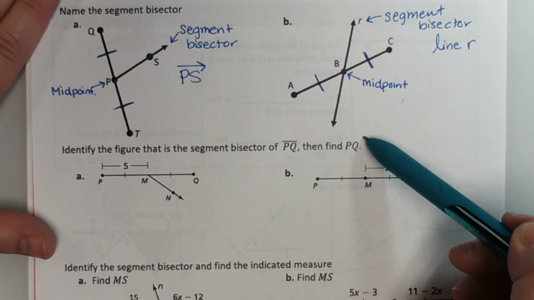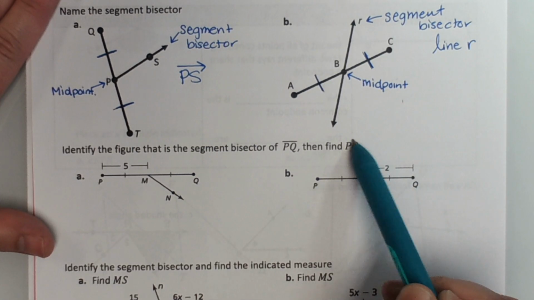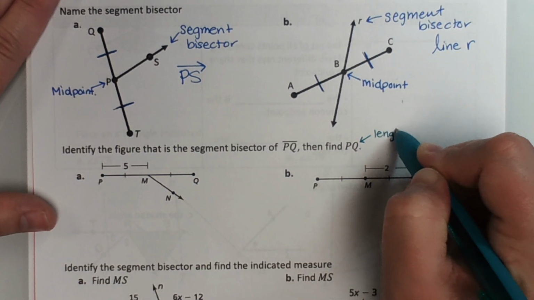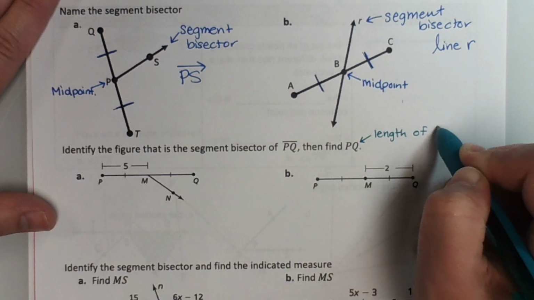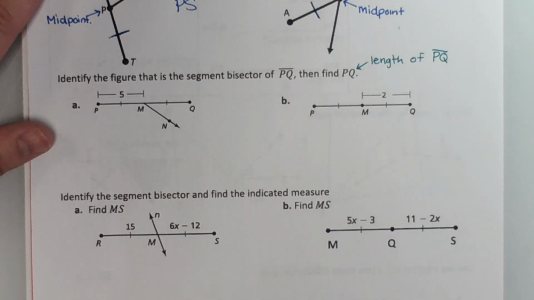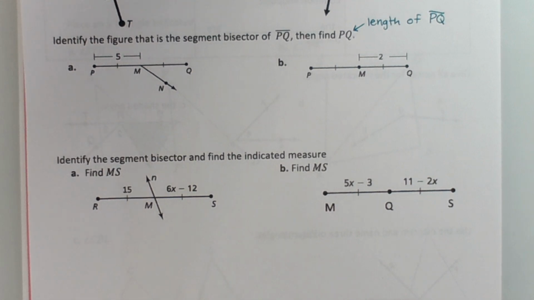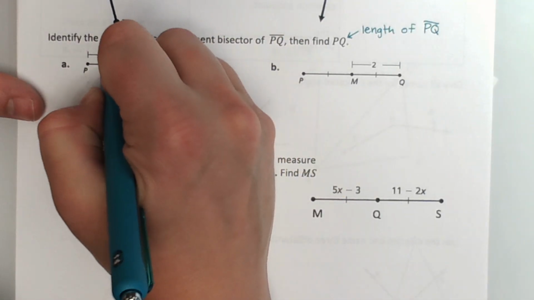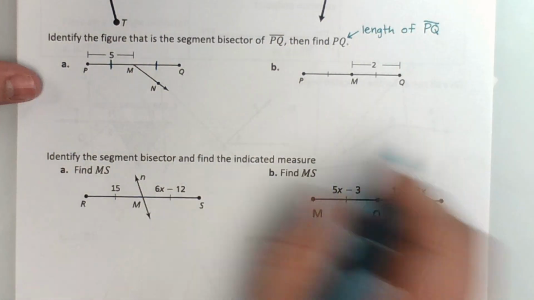Now remember, when it says two letters with no symbol above it, that is asking you to find the length of the segment with those letters. So, here's my segment PQ. Here are my tick marks.